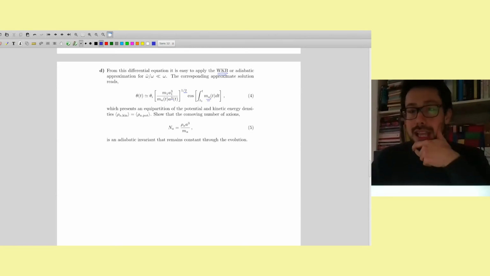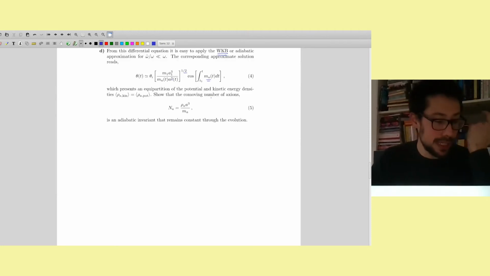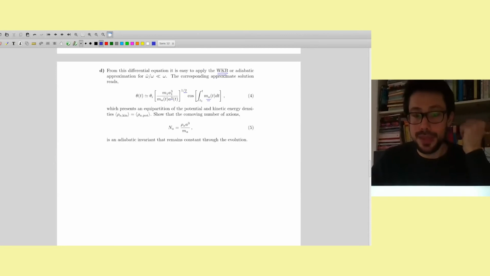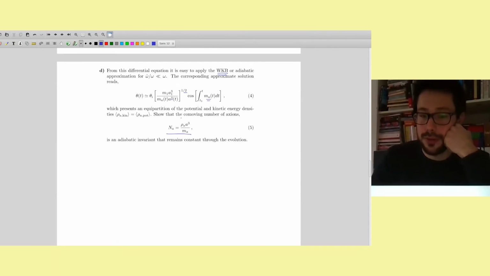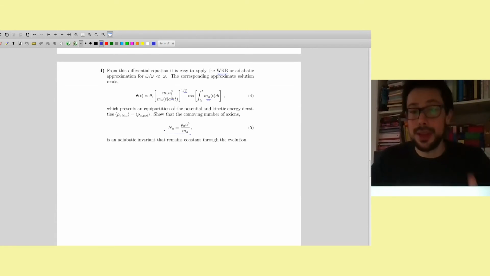And we also see that the axion is oscillating with a frequency that depends on the mass of the axion. Now it is not only m_a times t, but we have this integral. But irrespective of the specific behavior of this function, what this exercise is asking is to show that this quantity, sometimes called the co-moving number of axions, is an adiabatic invariant.